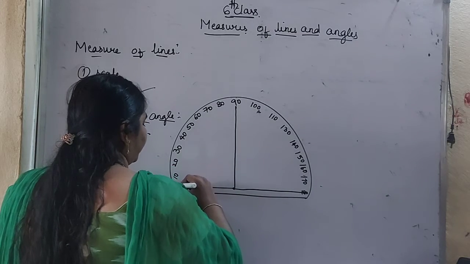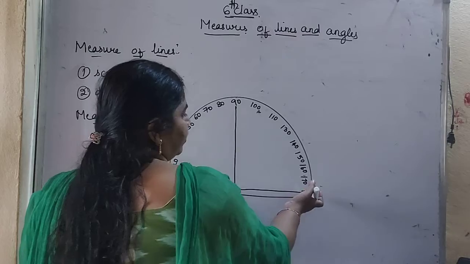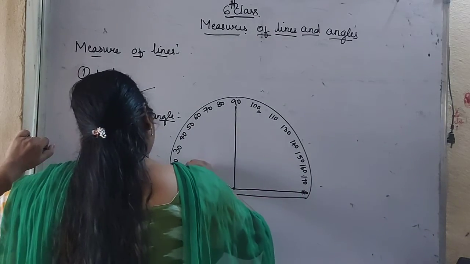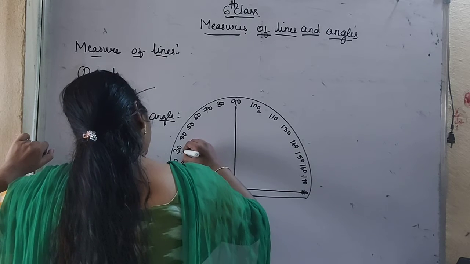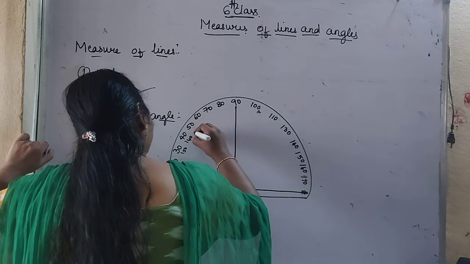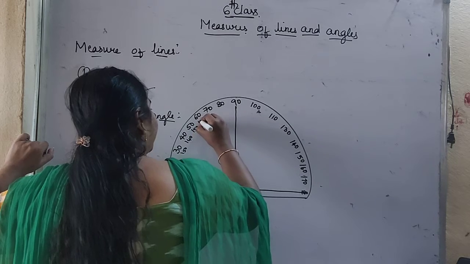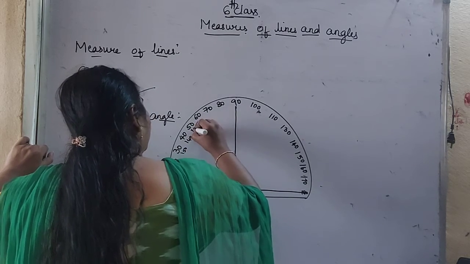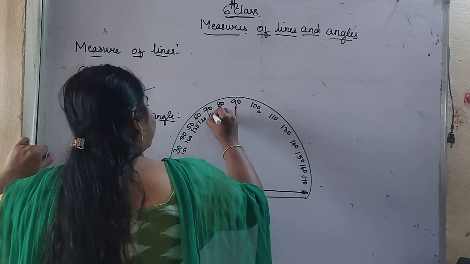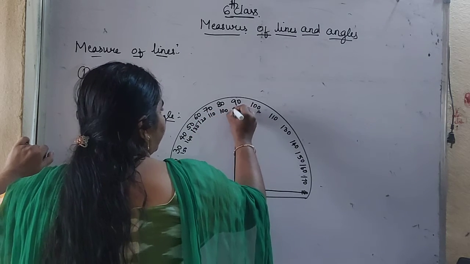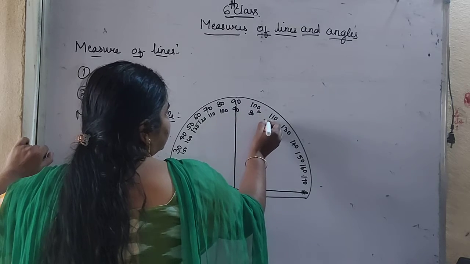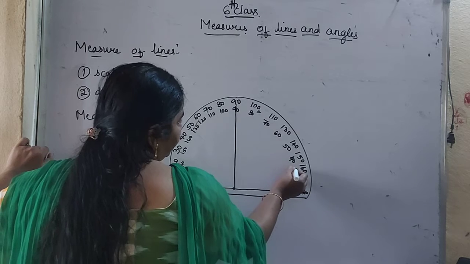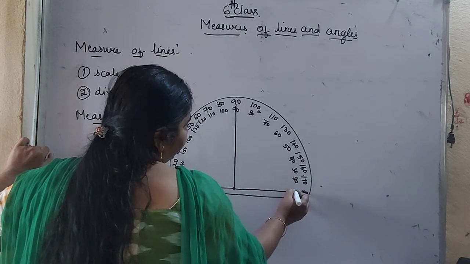Here it will start from 180: 180, 170, 160, 150, 140, 130, 120, 110, 100, this will be 90 again. Then 80, 70, 60, 50, 40, 30, 20.